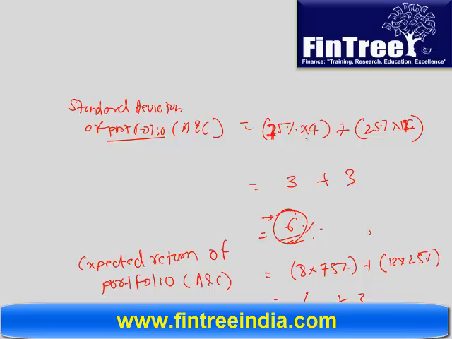So you have to check from both standard deviation and return, and then you would say below that conclusion. In fact, you can make a table like this, it would look better. So you can say here portfolio, in this case you can say A and C, and then you can say F. Then in this column you can say expected return, and in this column you can say standard deviation.